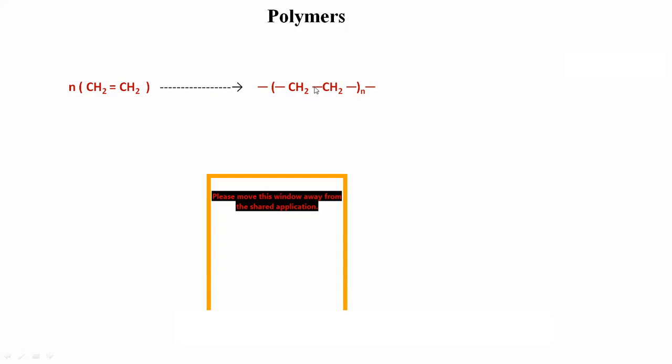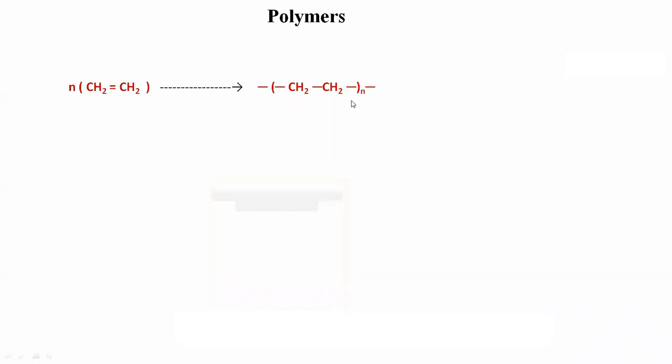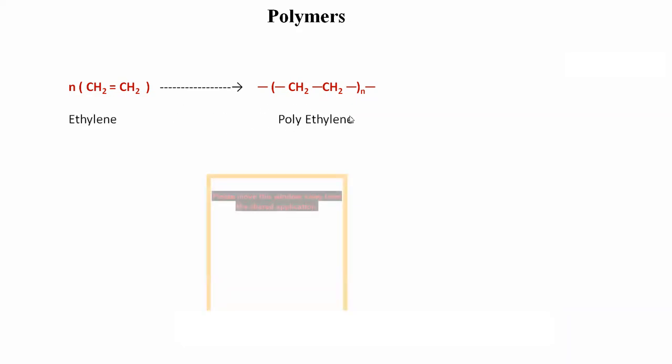The double bond is converted to a single bond, but all these n molecules which were separate before the reaction are now connected together, and that is a polymer, a huge molecule. This is polyethylene, and this is the ethylene monomer. So n ethylene molecules are linked together, and we have got a huge molecule called polyethylene.